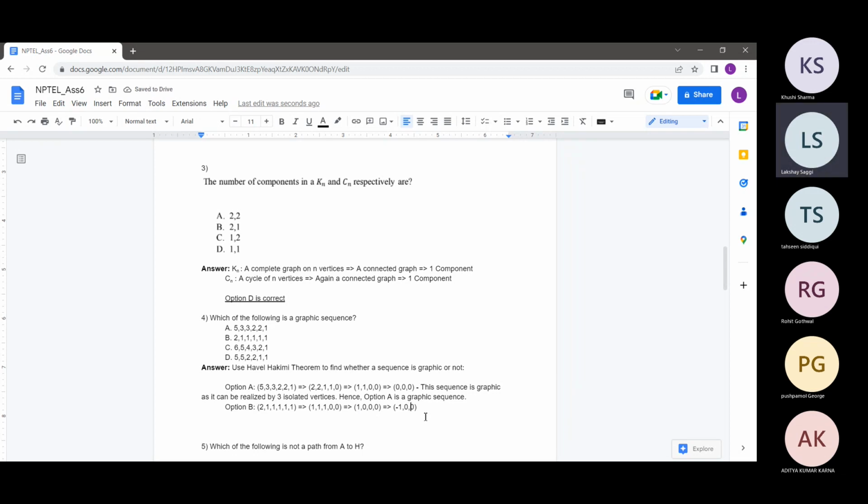Now we can easily see that any graph cannot have a degree of -1, right? The degree of every vertex is at least 0. Basically, the Havel-Hakimi theorem says that you keep doing these steps, and in the end, if you get a sequence of a bunch of zeros, then that sequence will be graphic, as it can be realized by a bunch of isolated vertices.